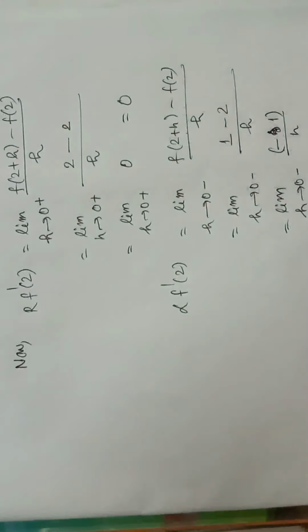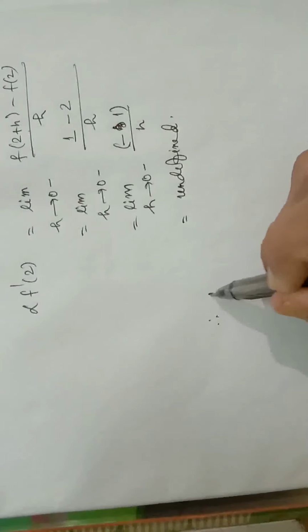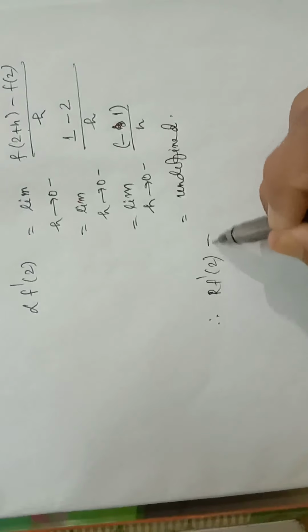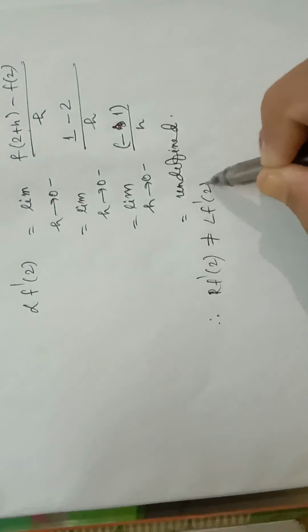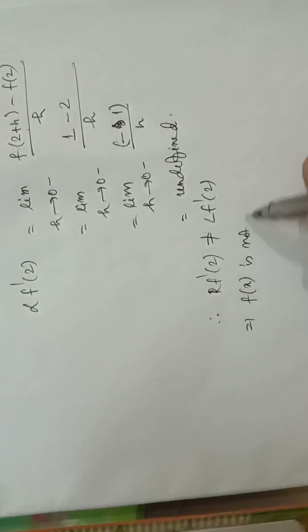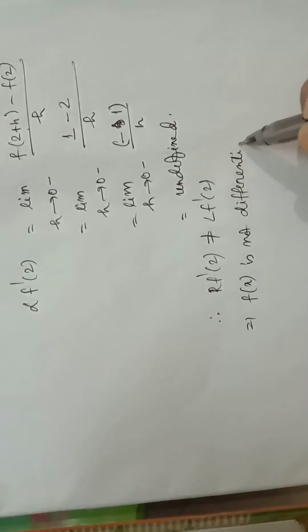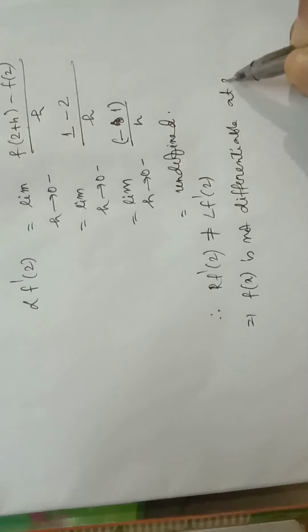Hence, the right hand derivative and left hand derivative are not equal, and therefore Rf dash 2 is not equal to Lf dash 2, which implies f of x is not differentiable at x equal to 2.